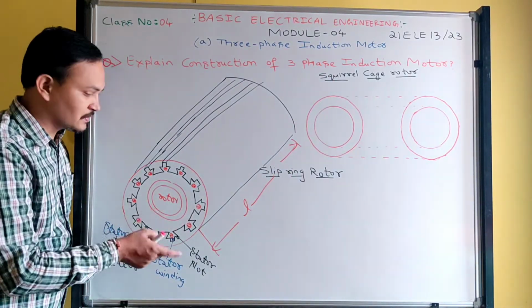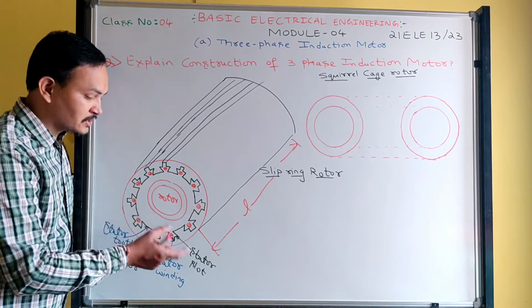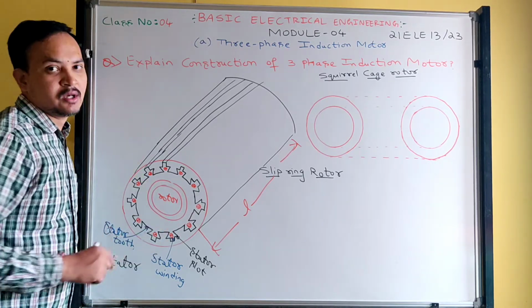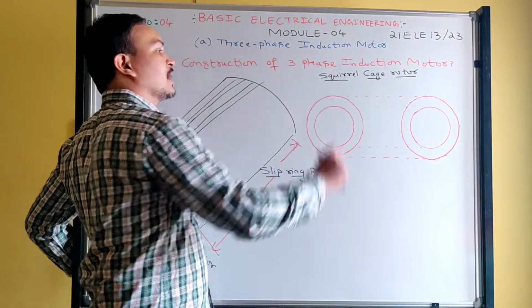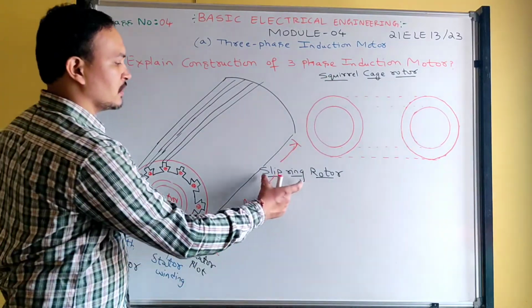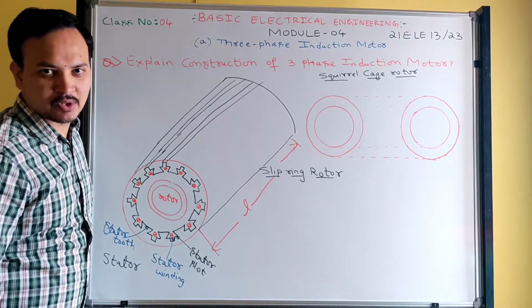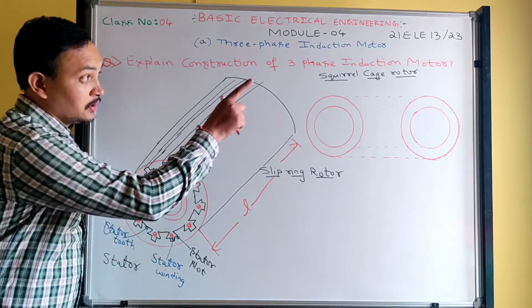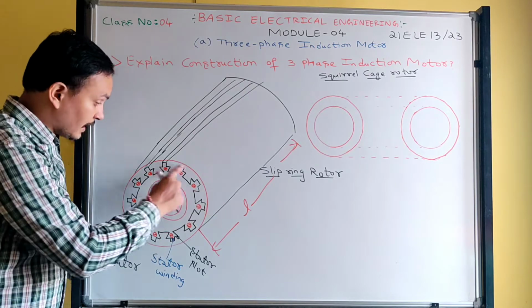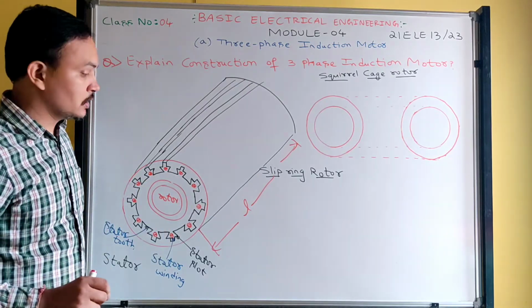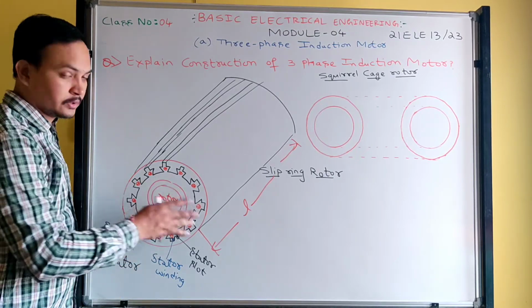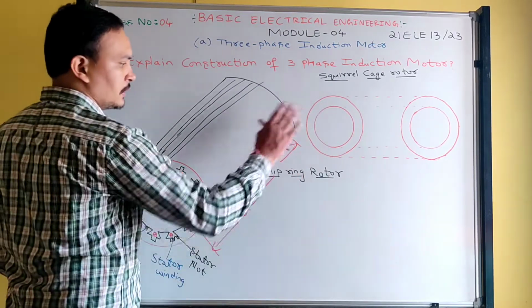Based on the construction of the rotor itself, we have two types of induction motor. One is squirrel cage induction motor. Another one is slip ring induction motor. So for both the slip ring and squirrel cage, the construction of stator remains the same. Okay, got it? So please pause the video, copy down the stator part, and then I will explain rotor part.